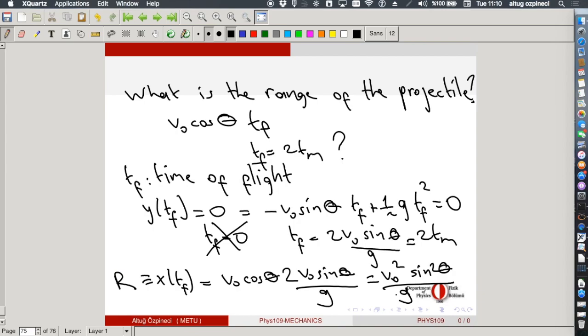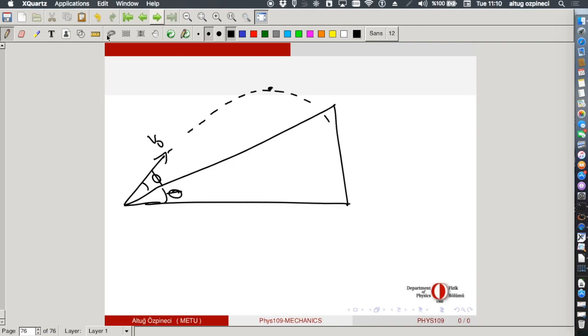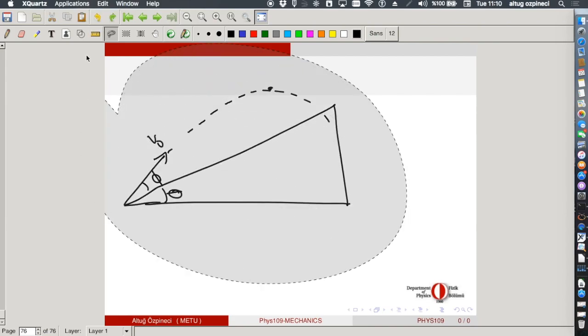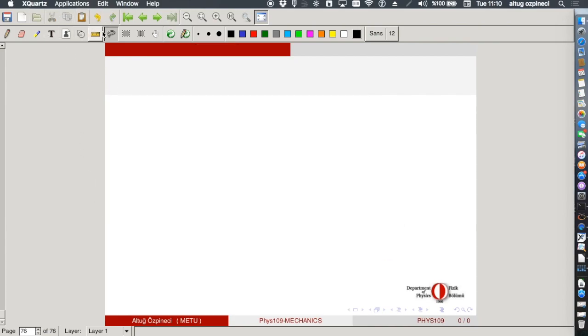So what can we say about this range expression? So this is the range.